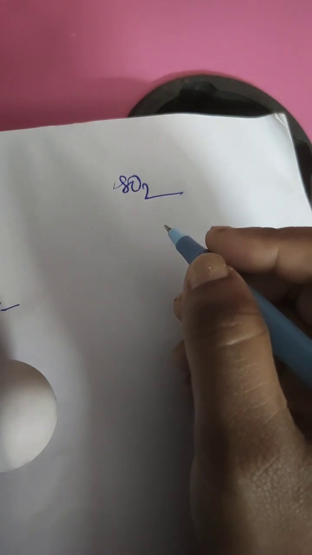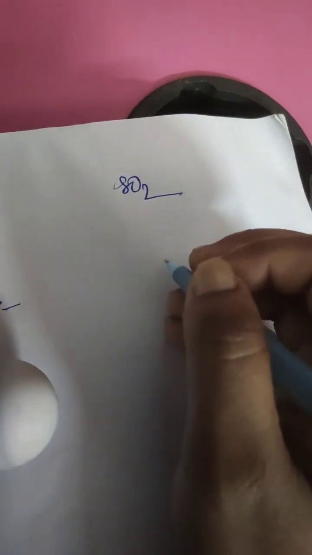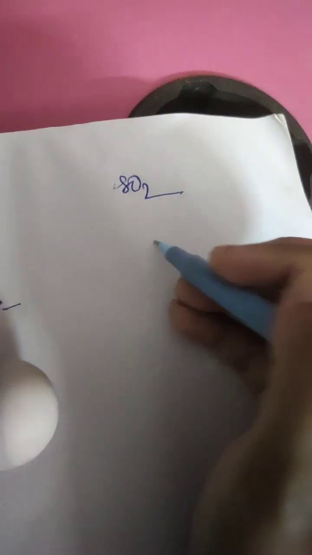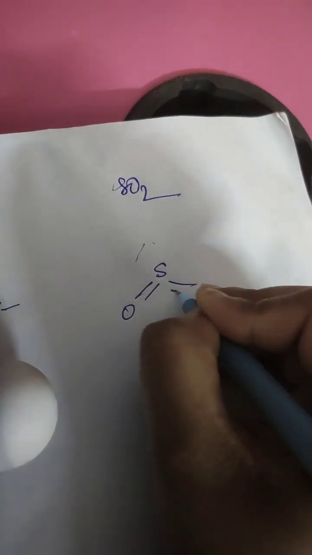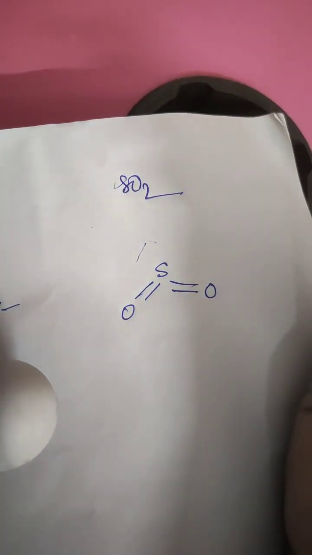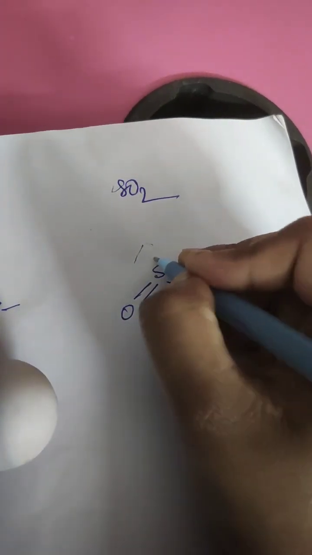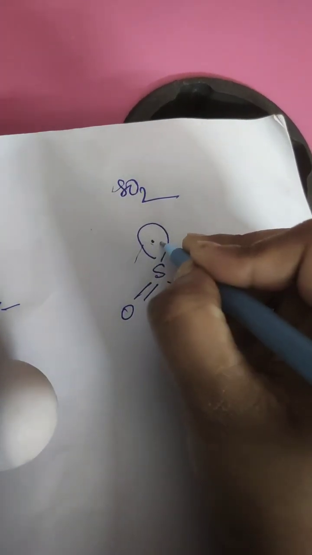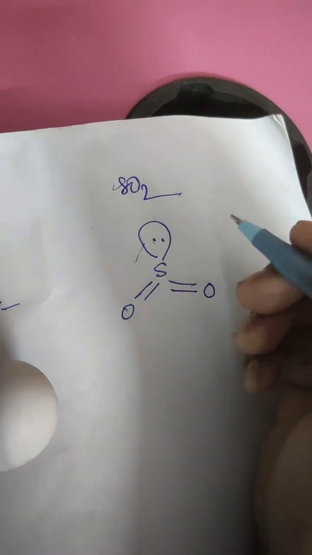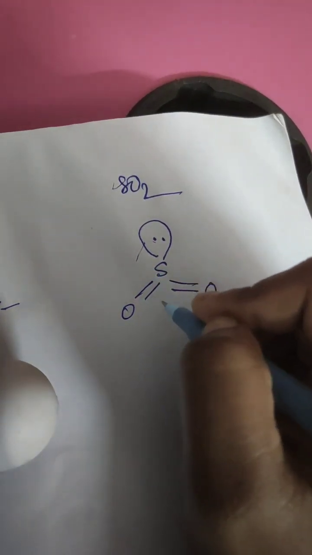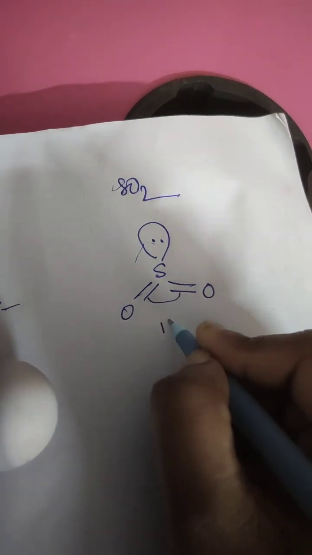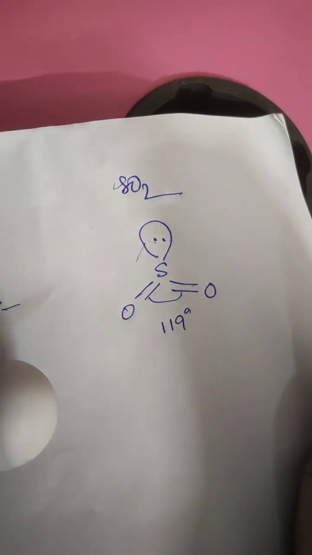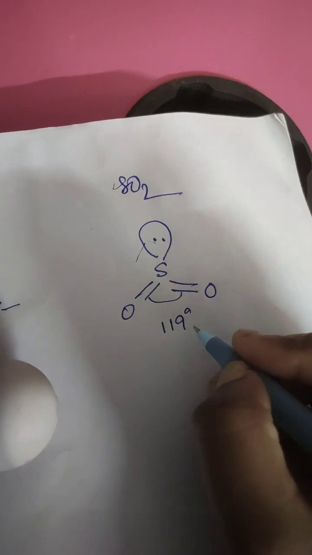Our next compound is SO2. SO2 is a triatomic molecule. So the structure is bent, and it has a lone pair. So it has a triangular shape, so its bond angle is approximately 119 degree 5 minutes.